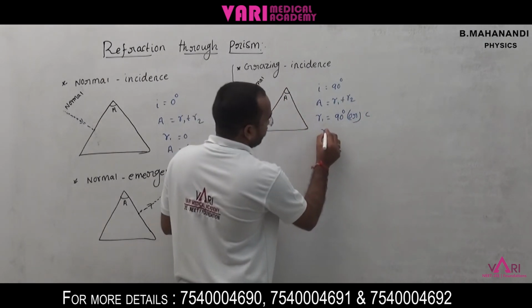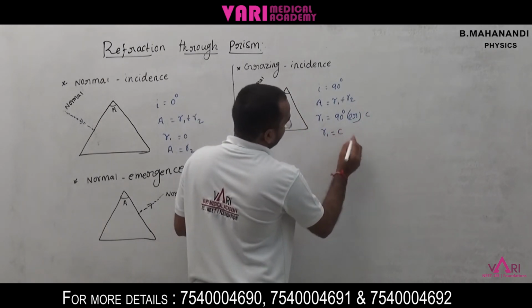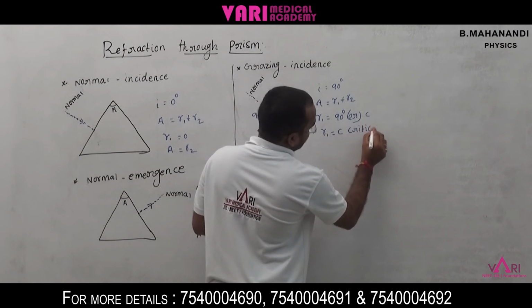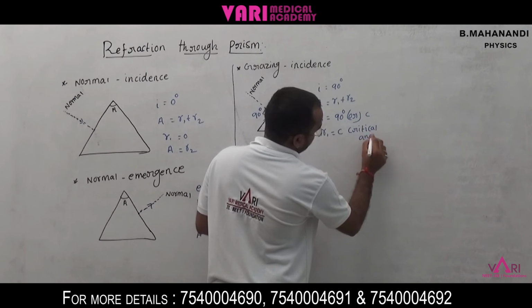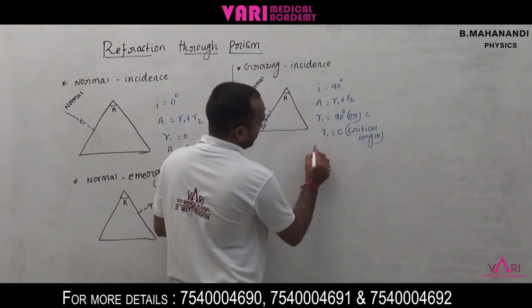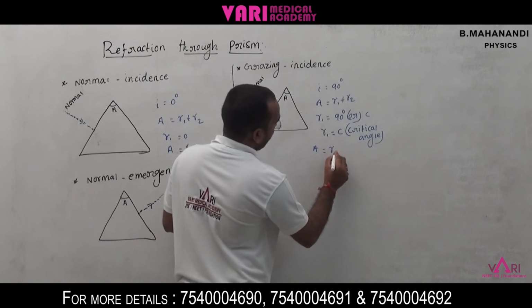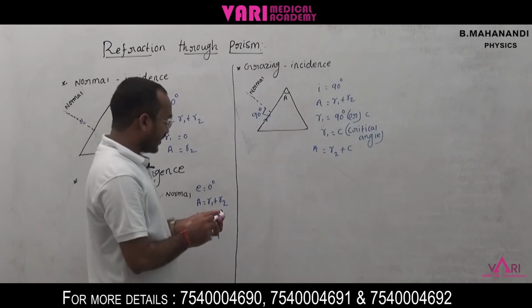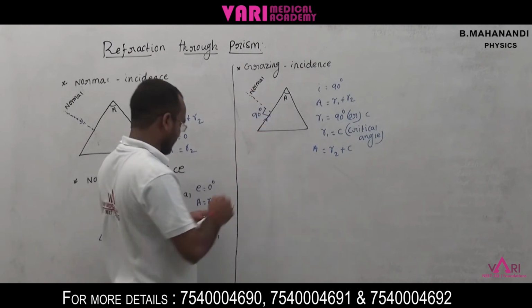R1 equals C, where C means critical angle. Now the angle of the prism A equals R2 plus C. Grazing emergence is next.